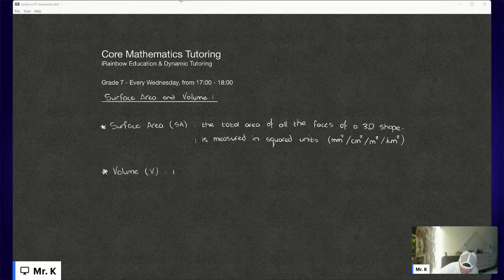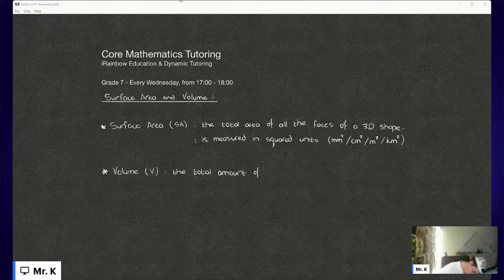Volume, guys, is the total amount of space taken up by a 3D object.